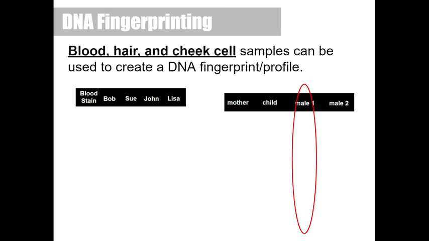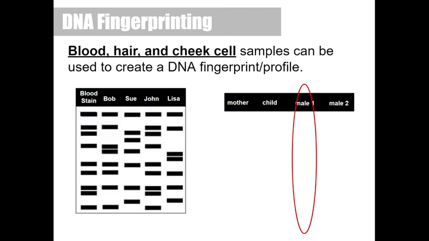So for DNA fingerprinting, you have blood, hair, and cheek cell samples that can all be used to create a DNA fingerprint profile. So here we have the blood stain or the sample, and we have samples from Bob, Sue, John, and Lisa.